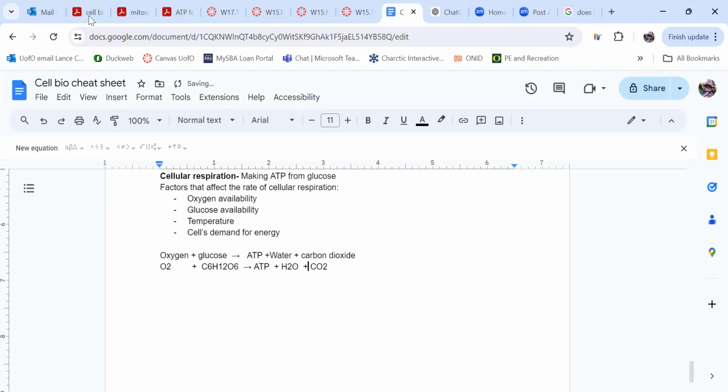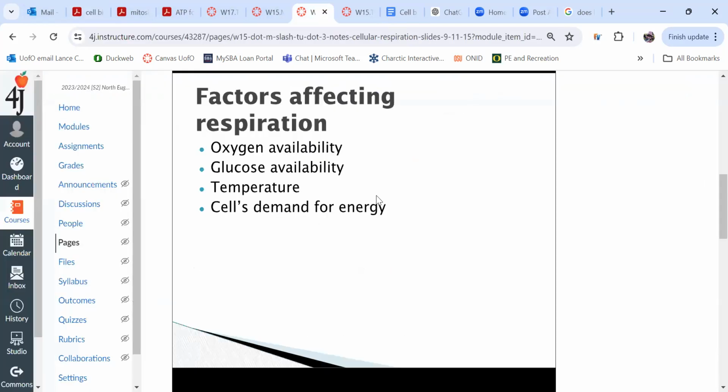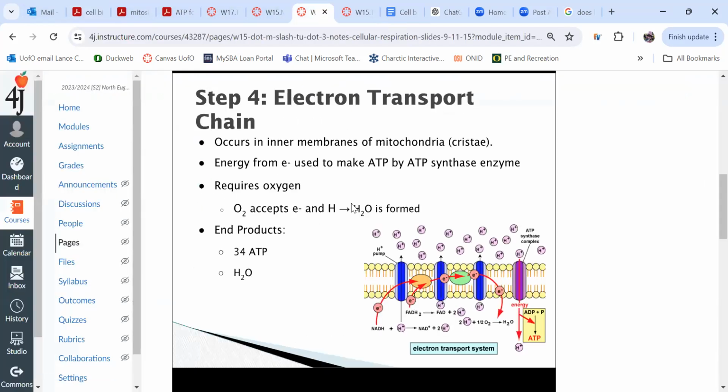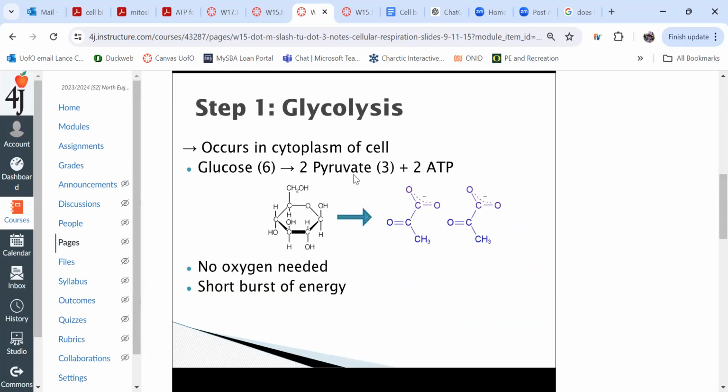Okay, so we know what cellular respiration is, and we know what factors affect the rate of cellular respiration. Which step of cellular respiration makes the majority of ATP? We know that. That's also going to be found in these slides. It's the electron transport chain, right? Because step one produces 2 ATP.